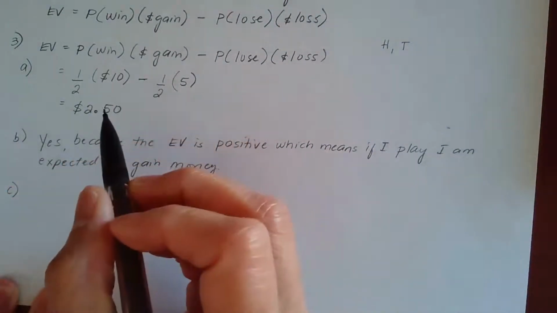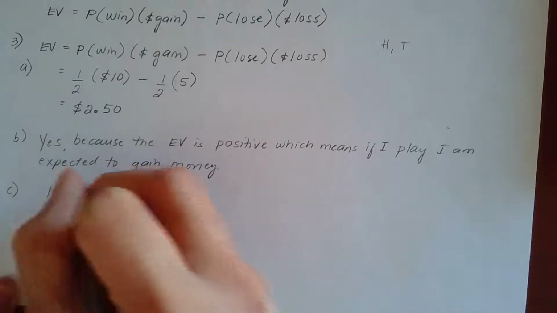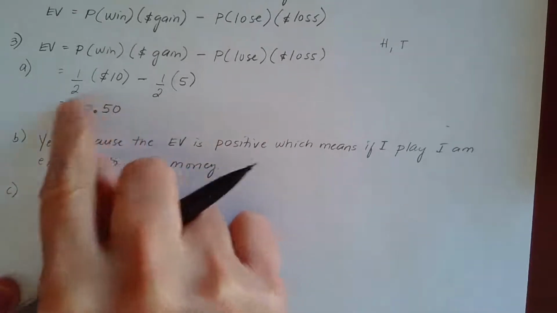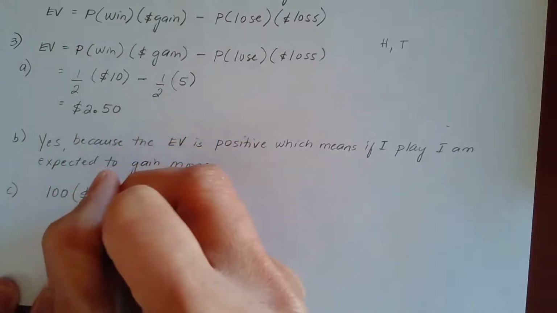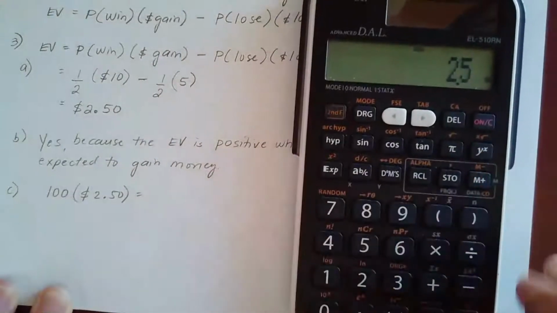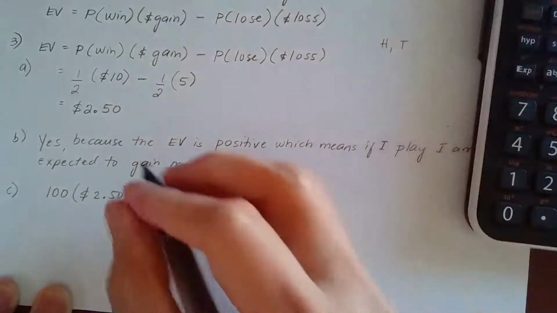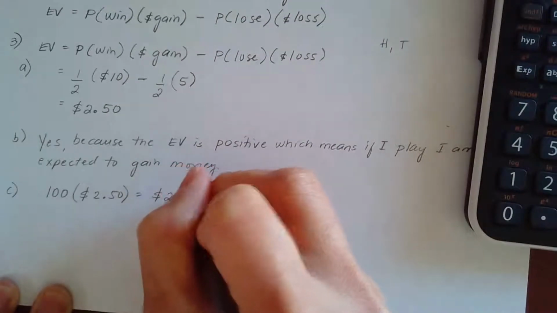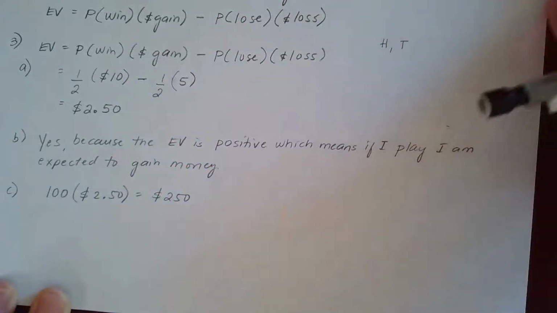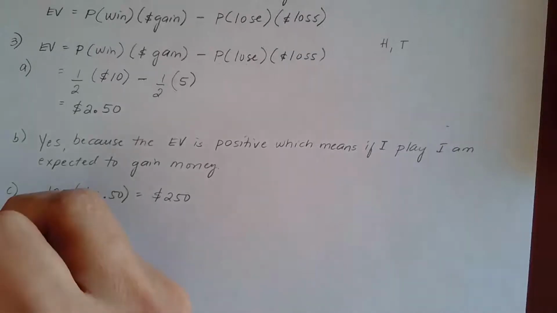So if we play 100 times, and we're expected to gain $2.50 each time, that's going to be $250. Oh, okay, that's pretty good. Okay, so those are the first 3 questions, and then we're just going to move along.